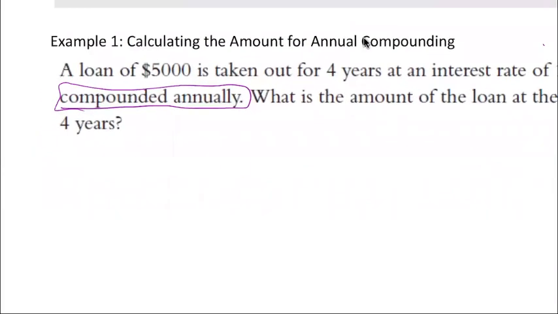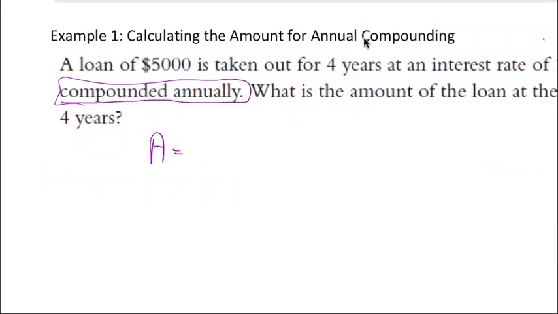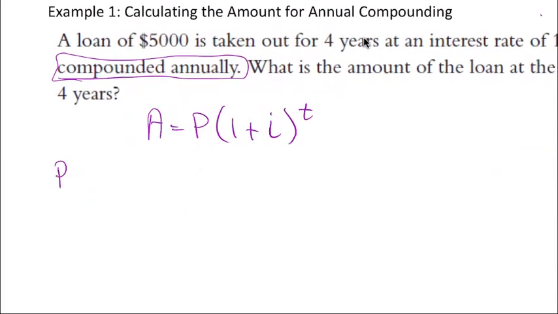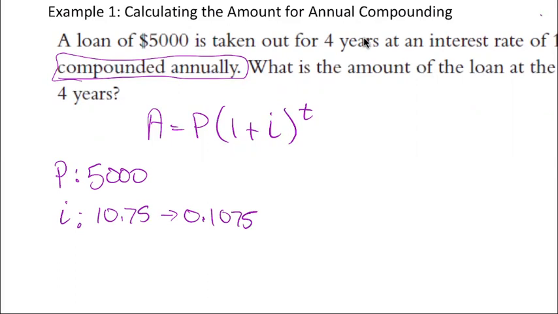So we know our formula is A is equal to P times 1 plus I, all raised to the power of T. And again, if you want to, you can start listing out what you have. Well, I know my principal is $5,000. I know my interest rate is 10.75, which as a decimal would be 0.1075. My time was 4 years.